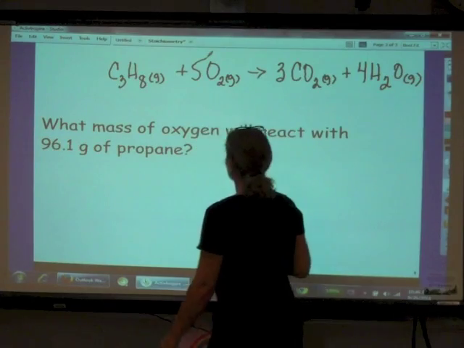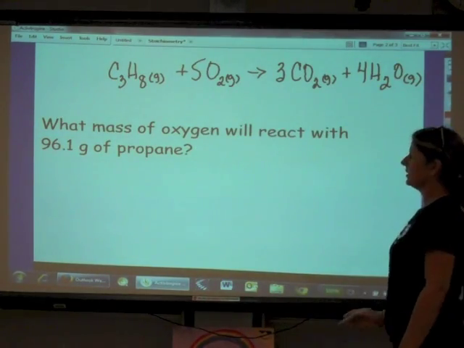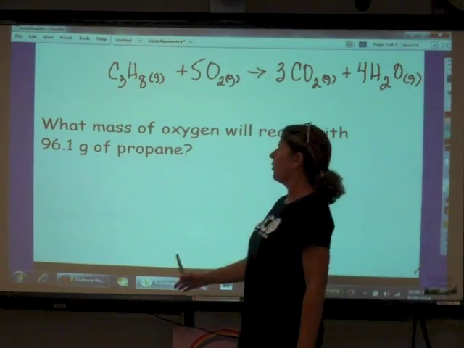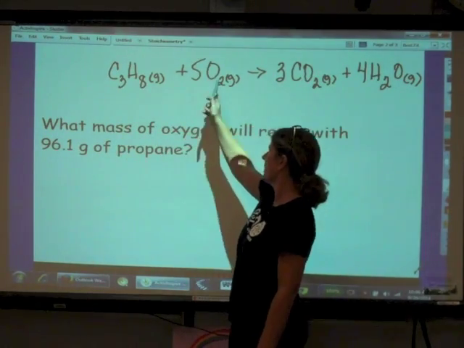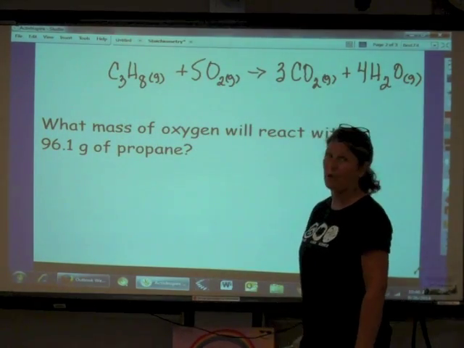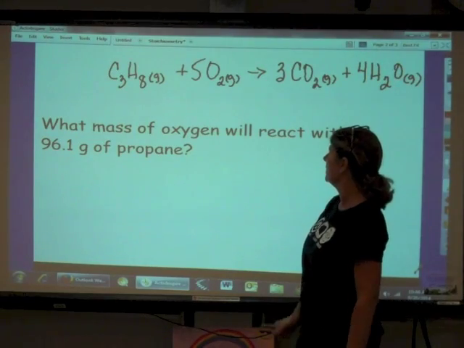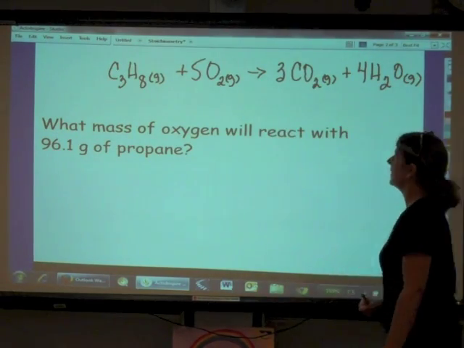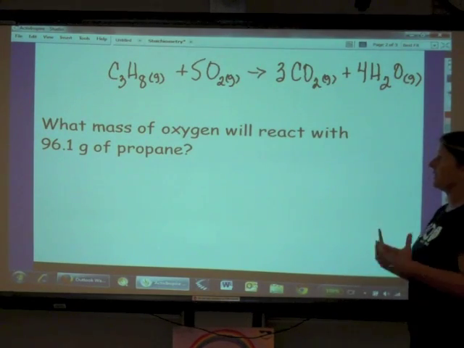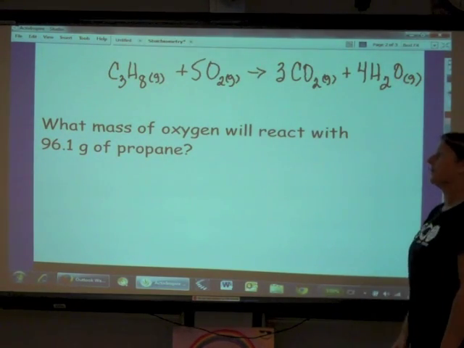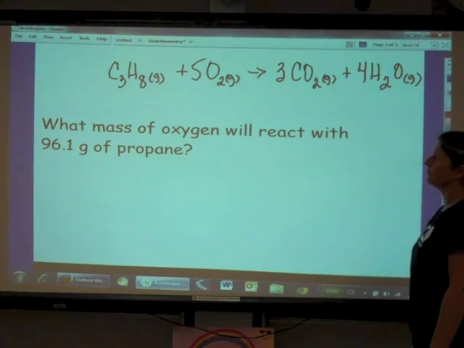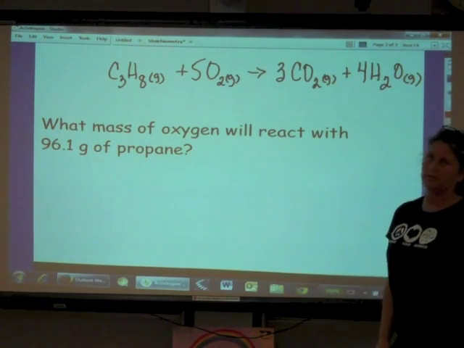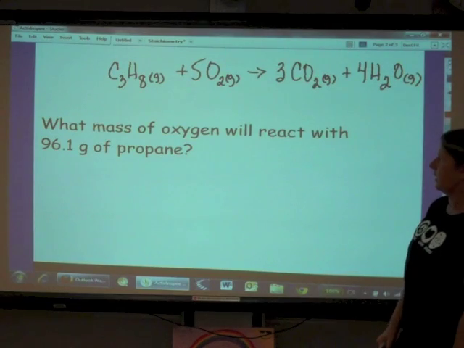So, in the real world, what is actually occurring in this chemical reaction is that 1 molecule of propane is reacting with 5 molecules of oxygen gas to produce 3 molecules of carbon dioxide and 4 molecules of water. That's how the thing really happens. But we don't utilize molecules because we can't weigh them. They're so small.